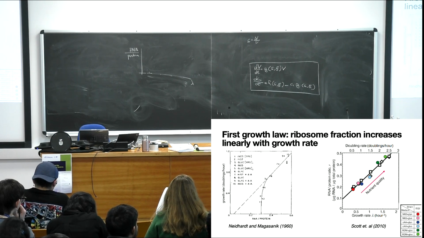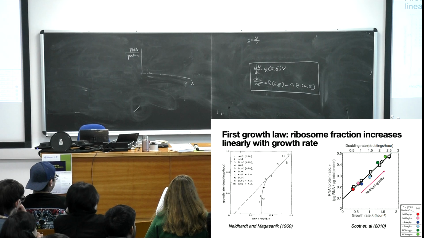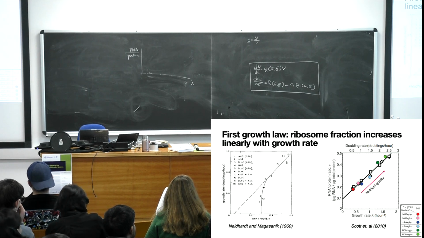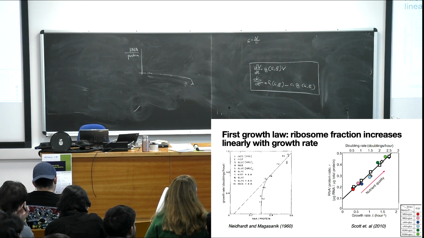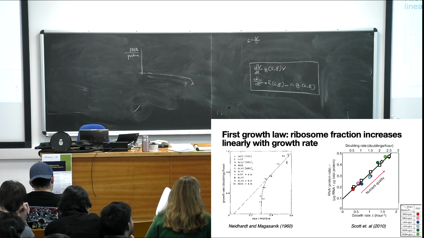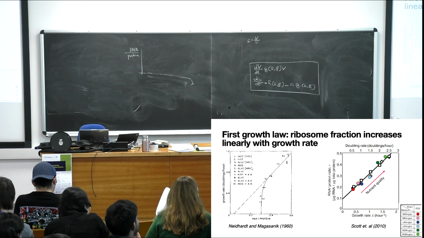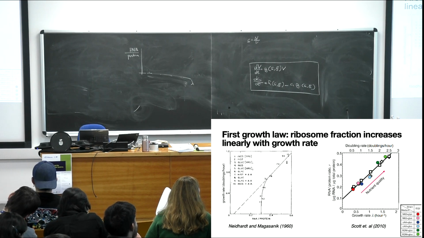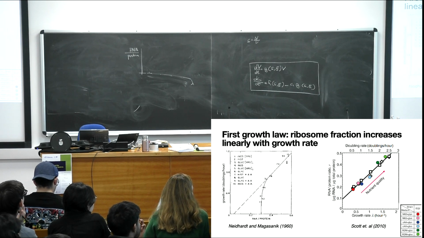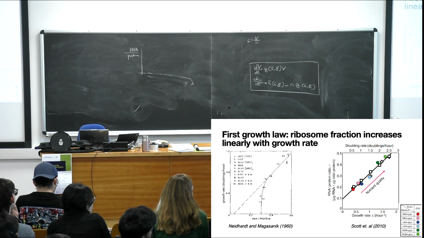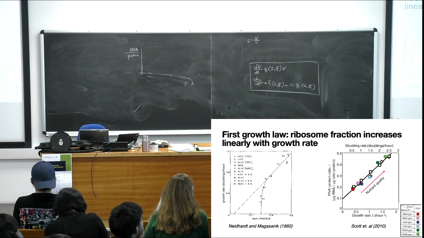Here you have those points repeated, 5, 6, 7, 8, 9, 10, and the new conditions. You have M63, a minimal medium, so just salt, plus glycerol and glucose. Then casamino acids, which is a type of amino acid, plus glycerol and glucose, and rich medium, so many amino acids plus glycerol and glucose.